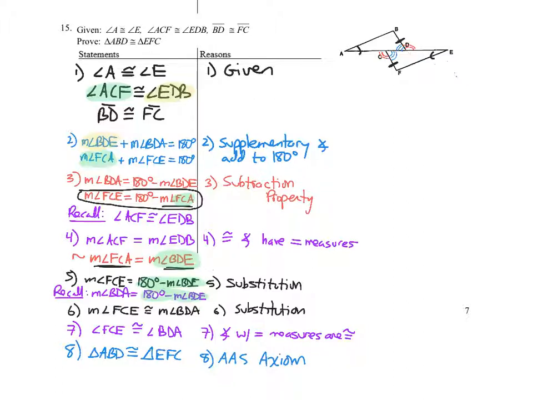But in any event, it does kind of show that it allows you to recover even if you do go down a little bit of a different pathway, because as long as your methodology is grounded in logic, there is no wrong pathway. It's just sometimes it's a little bit extraneous. All right, so AAS axiom, and there it is.